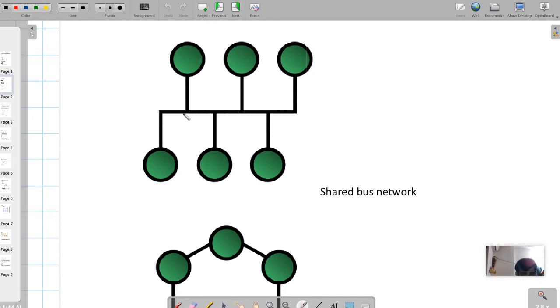If you look into this diagram, you can figure out that different processors can communicate with one another through a common bus.